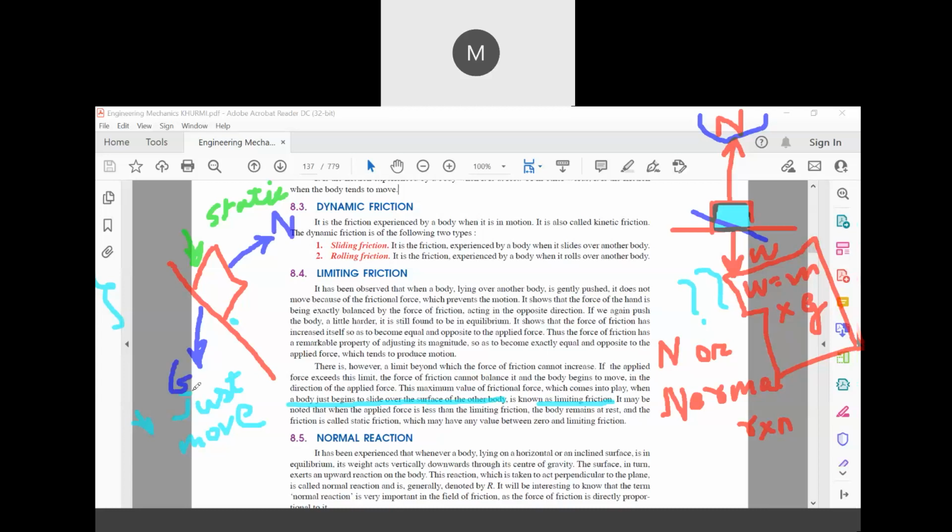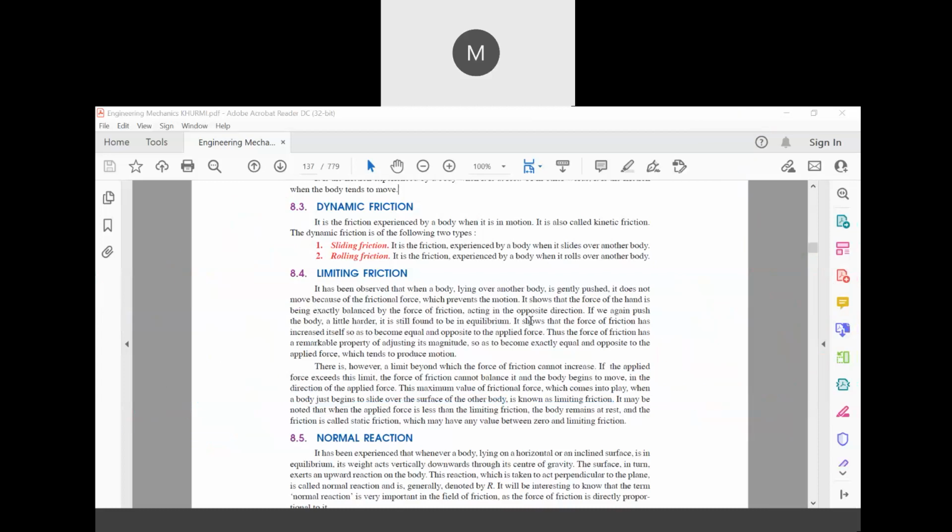Here it is W, the weight, and the normal reaction will be perpendicular to the plane. Is it clear? So this is how we compute the normal reaction for the G. I hope the definitions are clear for all of you.